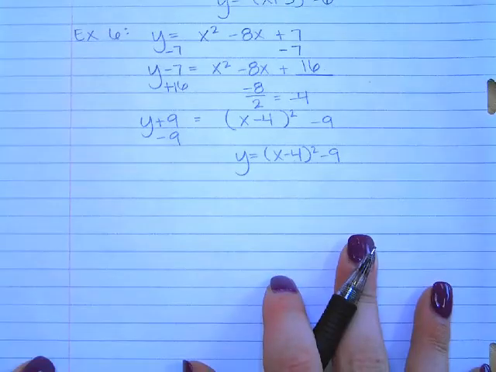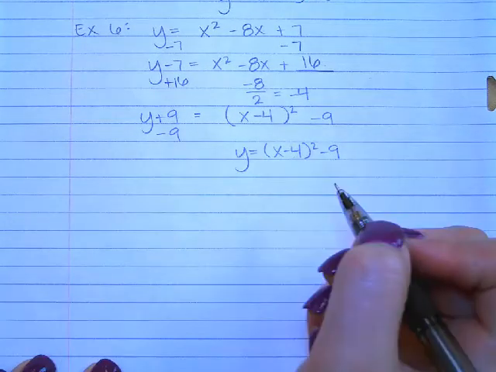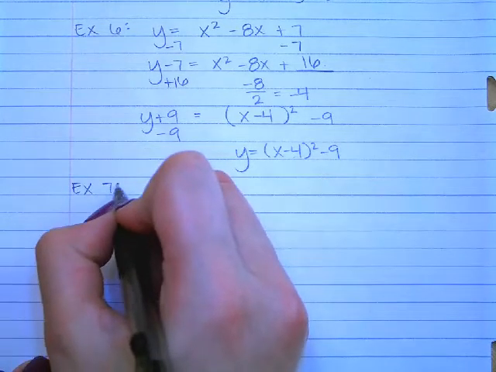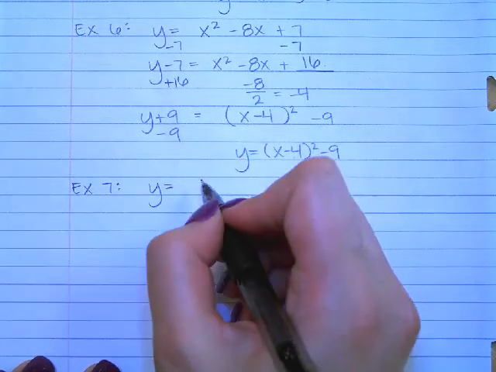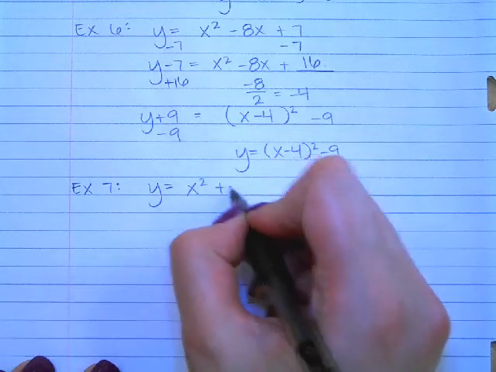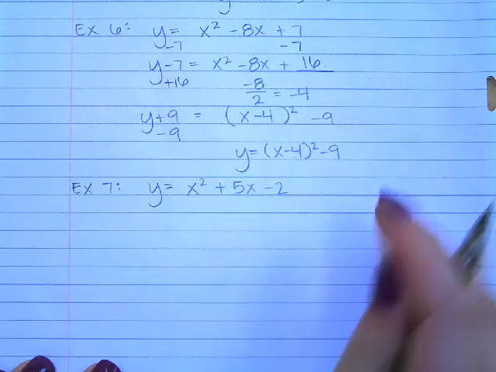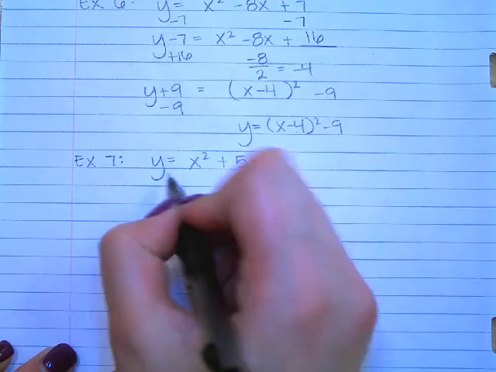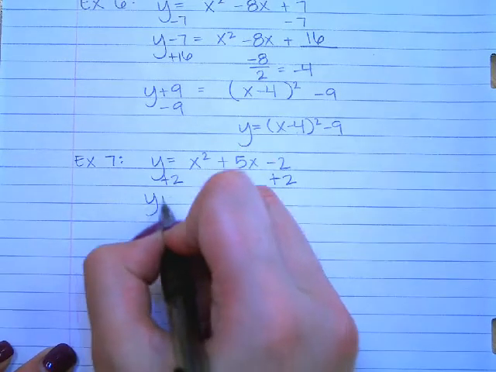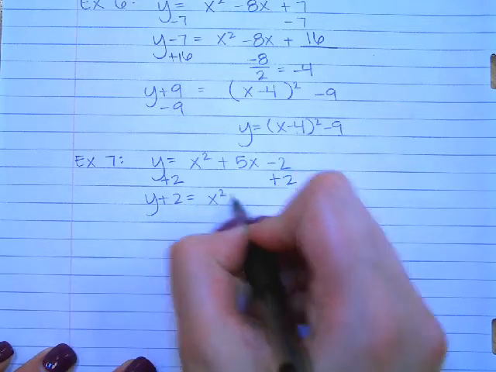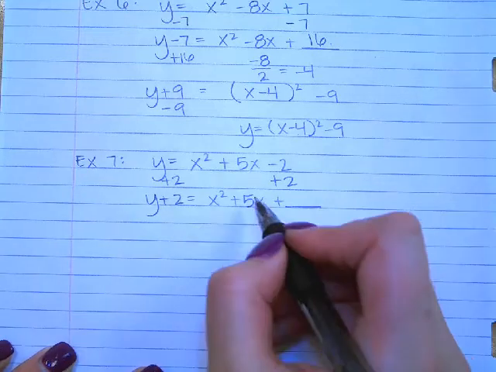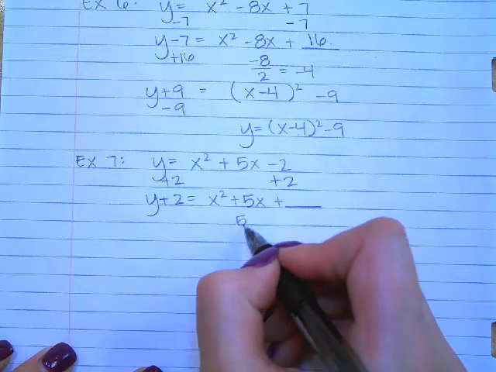All right, last example, I wanted to do one of the odd numbers divided in half. So for this one, we're going to say y equals x squared plus 5x minus 2. So I'm going to start the same way. I'm going to move the 2 over so I can make my blank. And then I'm going to take the middle term and divide it by 2.